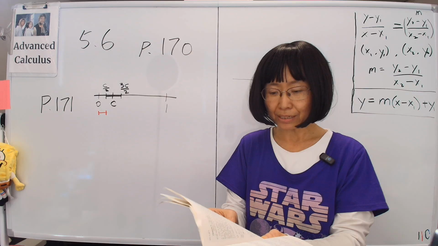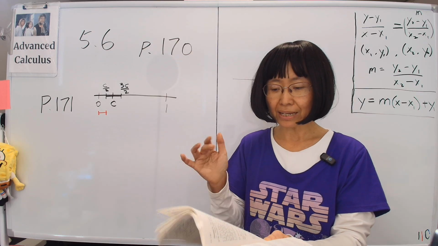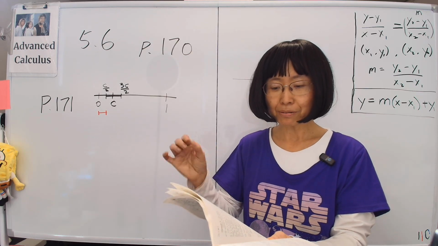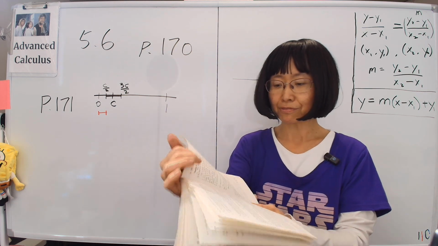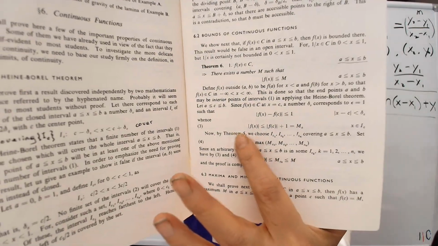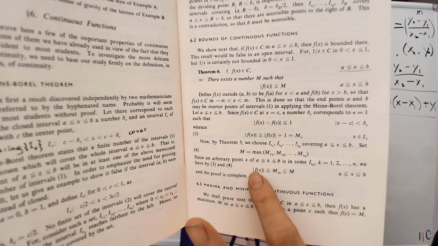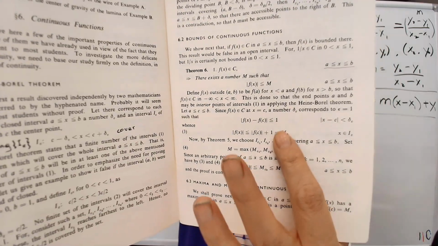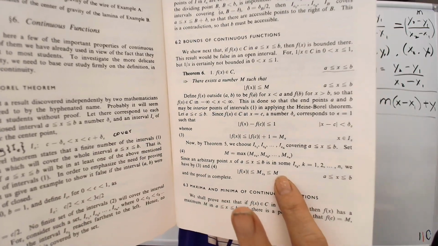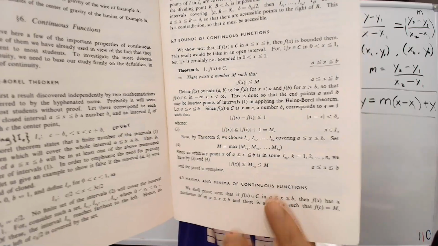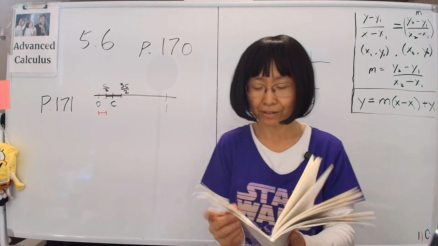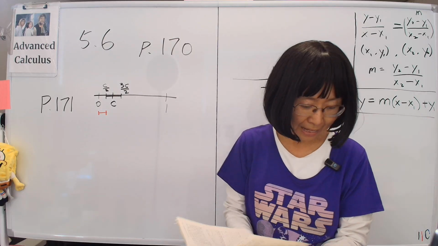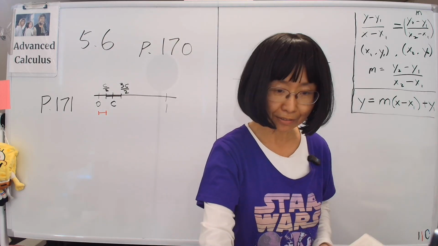Then, being that each point x is inside some cover, each f of x will satisfy this equation, which is less than M, which is bigger than all the other M's. And that concludes the proof. Now, please read this yourself and make sure that everything makes perfect sense, and then we'll go to the next theorem.